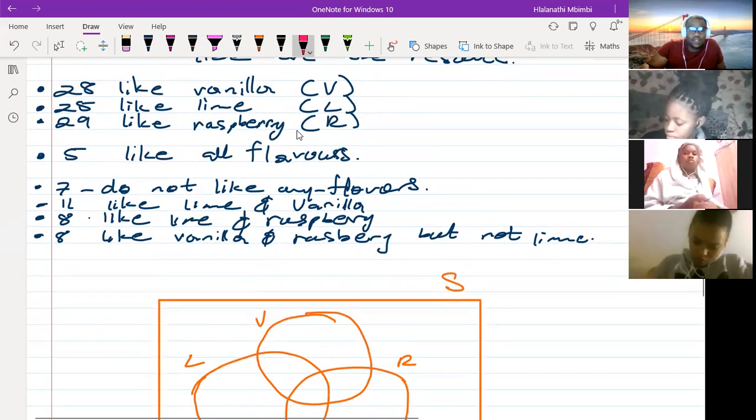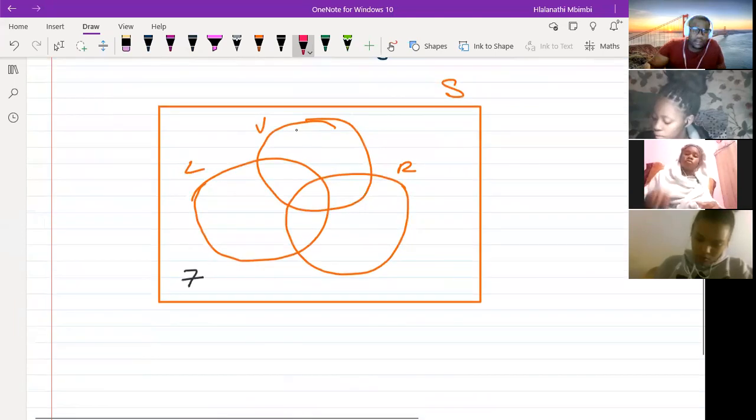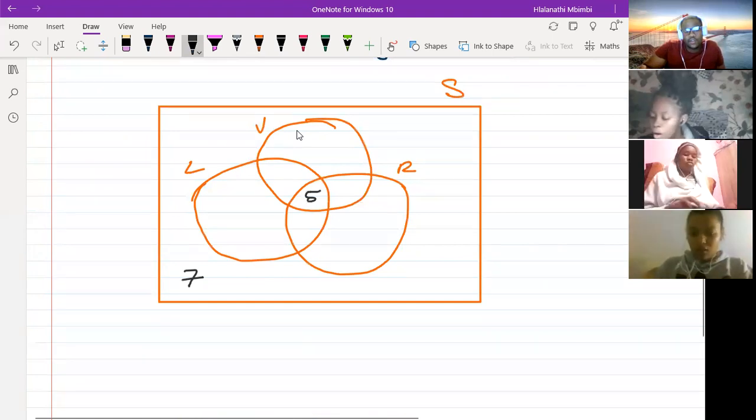This is where you start, with things where you won't have to do calculations to put in your diagram. So 7 do not like any, and we know that 5 like all of them. So the number of people that like all of them is where the circles intersect.